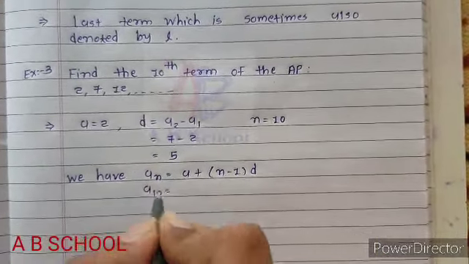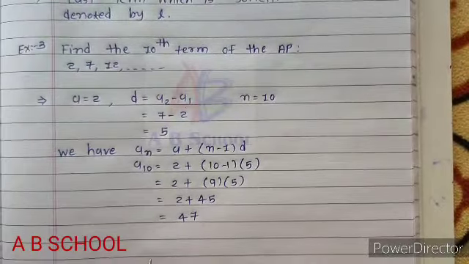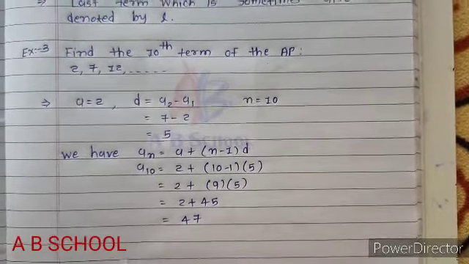Value of A is equal to 2 plus 10 minus 1, common difference D is equal to 5. So 2 plus 9 into 5, 2 plus 45 is equal to 47. So value of A10 is equal to 47.